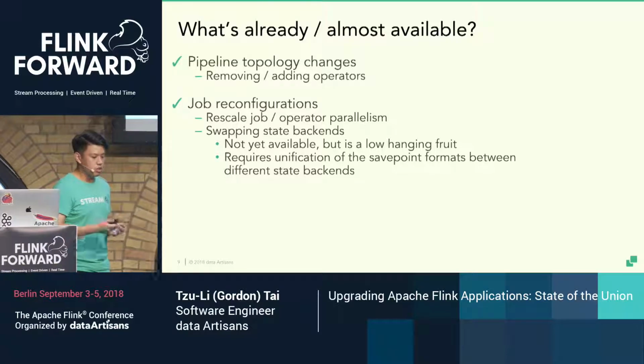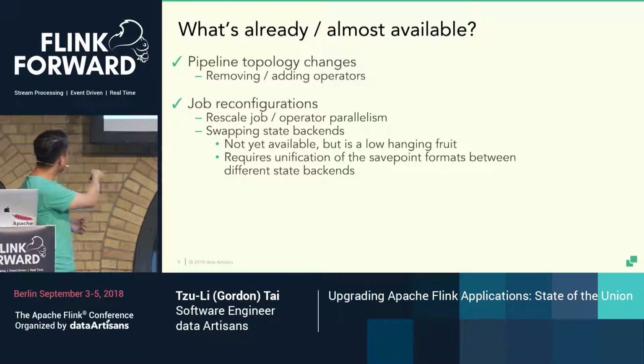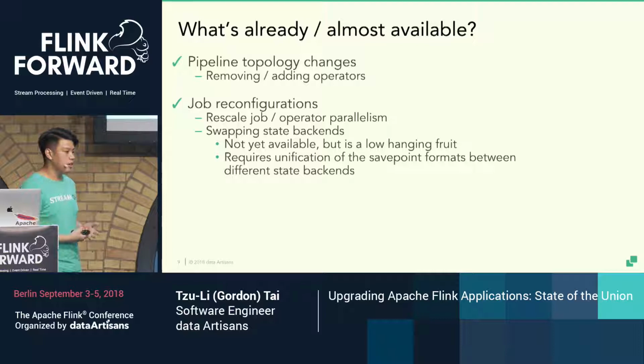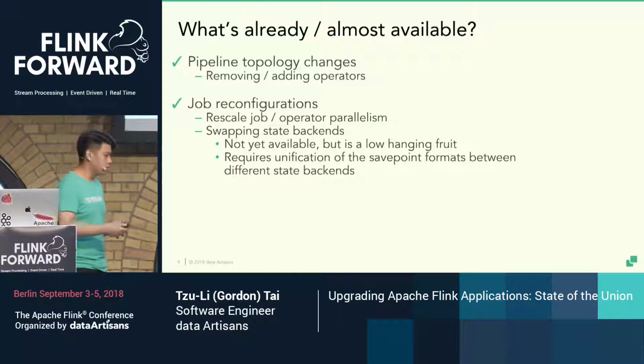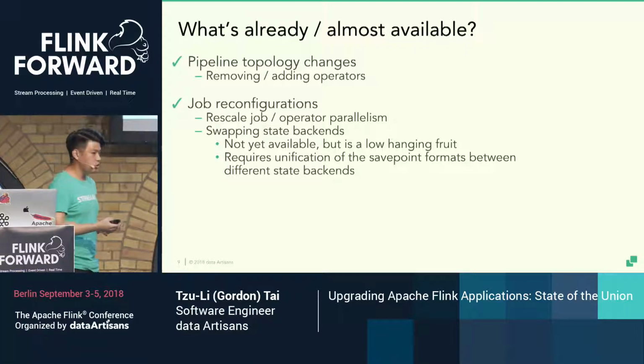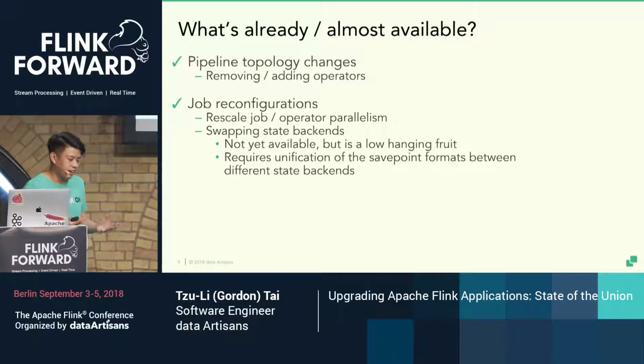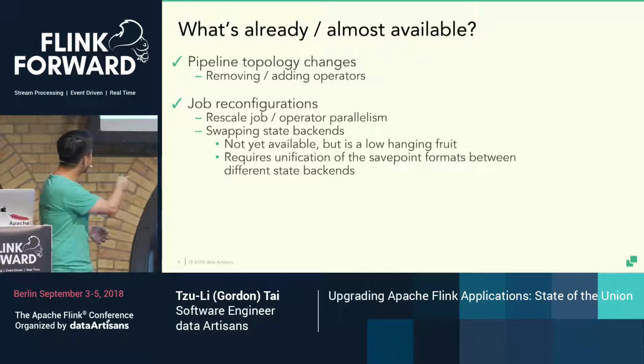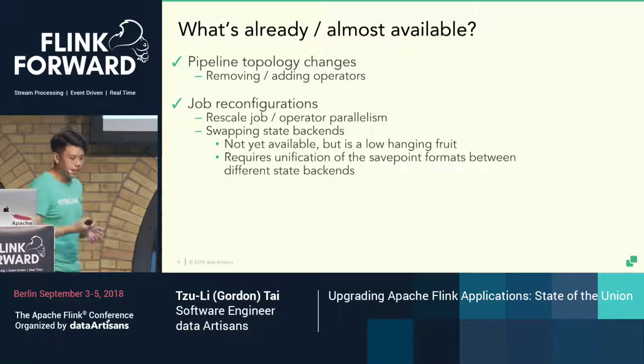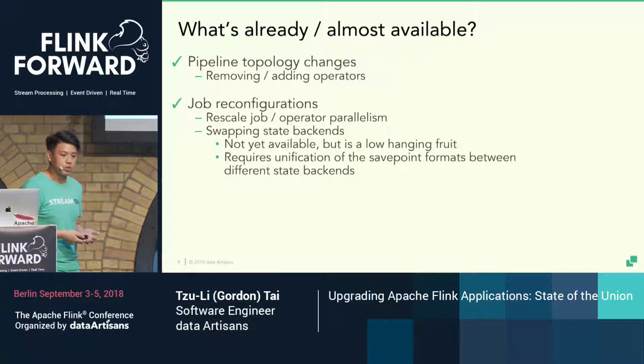Job reconfiguration is also available, since 1.2 we can rescale jobs, changing the parallelism of a whole job or a single operator. What users have been asking for is swapping state backends. This is actually a very low-hanging fruit, a feature that could be developed, I can't give a time frame, but it could be available anytime soon.